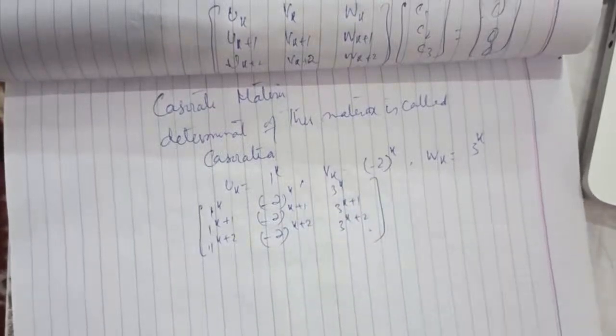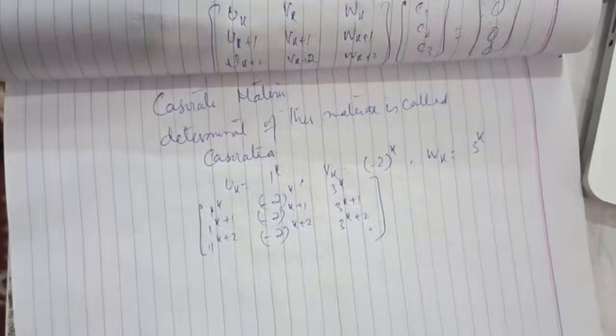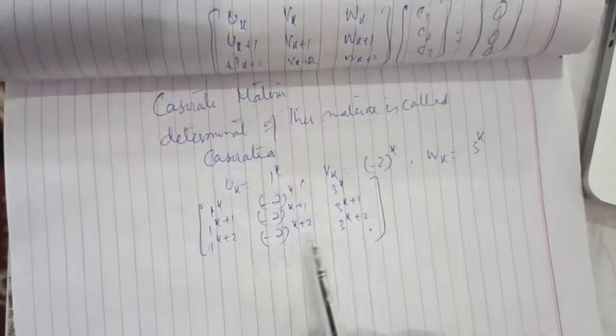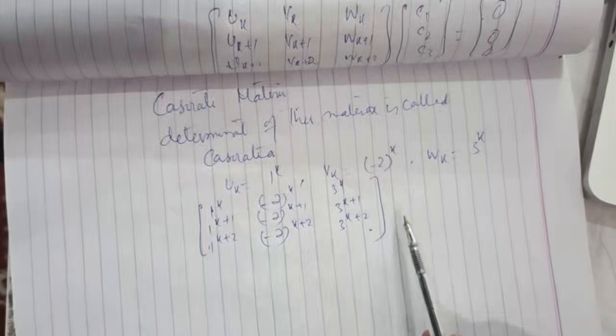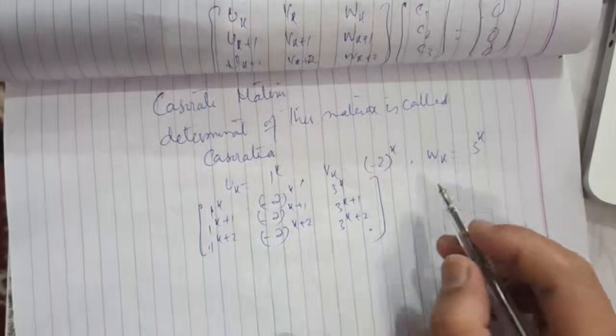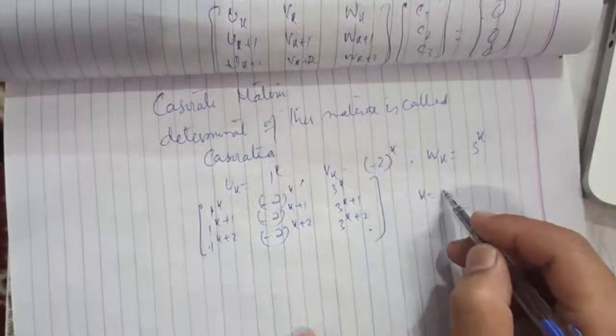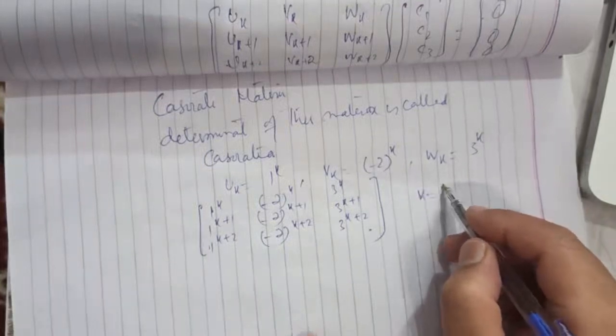Now what I can simply do is show that this matrix is invertible, right? If it is invertible, it means these signals are linearly independent. To prove that, we can simply take any value of k, let's say in this case k equals 0.